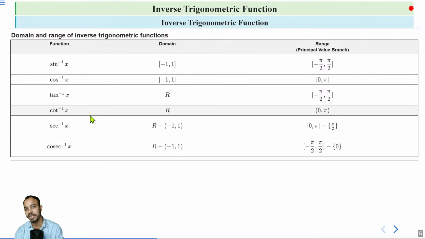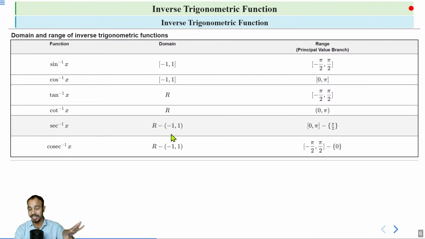Then for cot inverse x, the domain is the set of real numbers and the range is the open interval 0 to pi. Then for sec inverse x, the domain is the set of real numbers minus the open interval minus 1 comma 1.